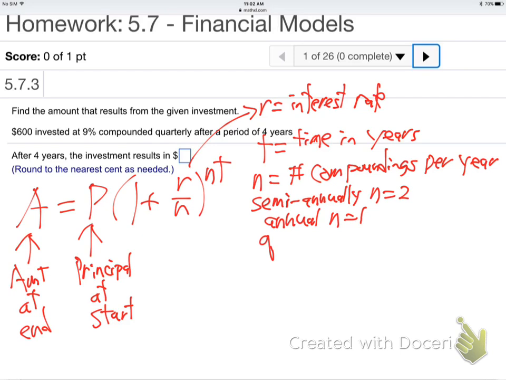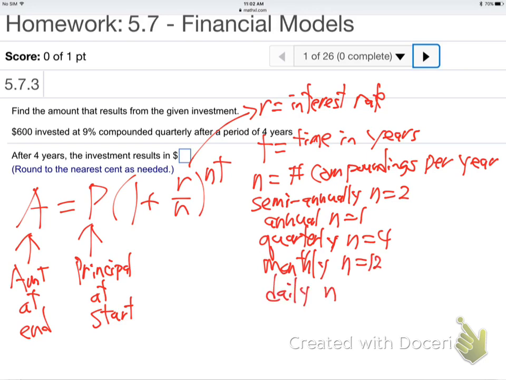If they say compounded quarterly, how many times a year is quarterly? 4. So N would be 4. If they say monthly, N is 12 times a year. If they say daily, 365. We'll ignore leap year. Those are the different things they will say as we use that formula.